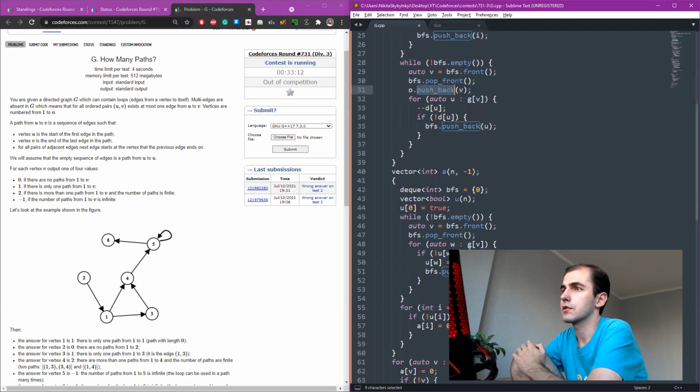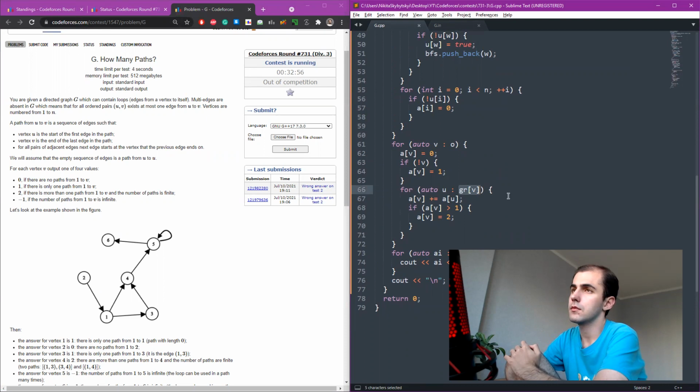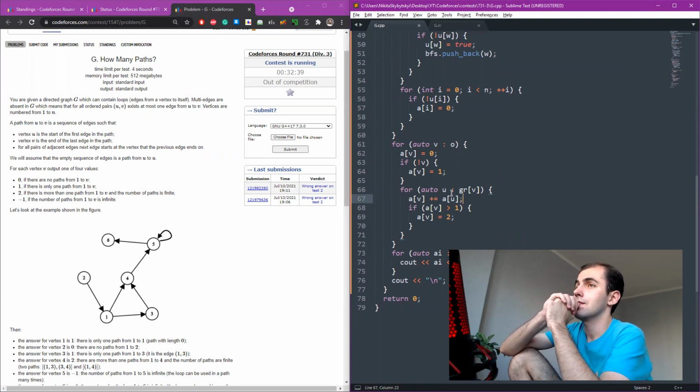Push them back. So I will process vertices in topo order, meaning that all edges go forward. And when I come to a vertex, I can be sure that all its parents were already processed. I increment the number of ways to get to these vertices. If it became greater than 1, I said that it's just 2 so that it never overflows.